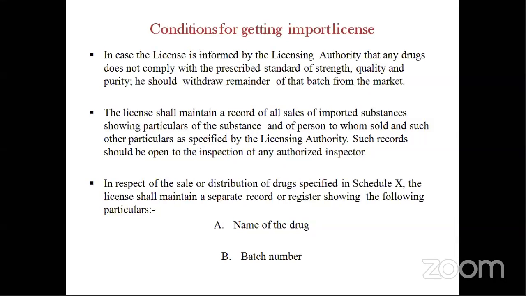Meaning you have to maintain a separate register or separate record group only for Schedule X. Okay. In case you are importing Schedule C, Schedule C1, Schedule A, or Schedule B category of drugs, for these types of products you maintain one register.